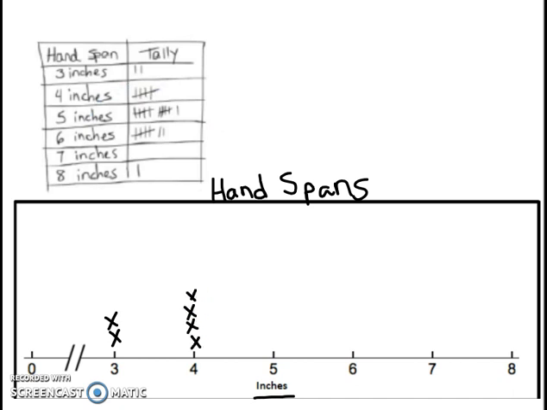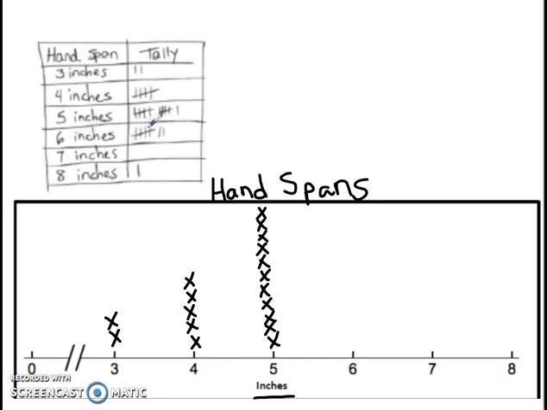For 5 inches, there are 11 people, so I'm going to place 11 X's. 1, 2, 3, 4, 5, 6, 7, 8, 9, 10, 11.